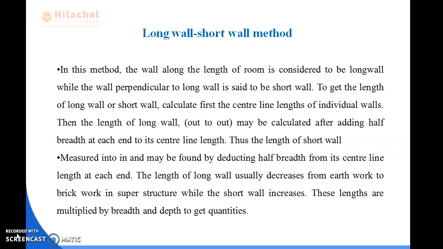Then after that, we consider the center to center distance of the long walls and the center to center distance of the short walls. After that, we consider both of them. Okay? In this method, we can easily calculate the quantity of a particular building. It's a very easy method for quantity calculation.